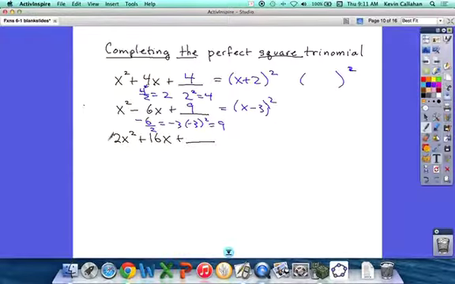Now, you don't complete the square if you've got a number that's not 1 in front of the x squared. We cannot go through this process if we have a 2 in front of the x squared. If that's the case, you have to factor the 2 from the first two terms.